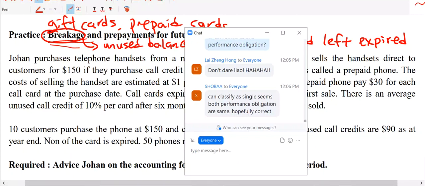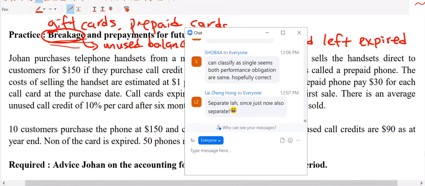Okay, that is Shubham's opinion. Anyone say it's separate? Can I get a different opinion? Separate lah, since just now also separate.